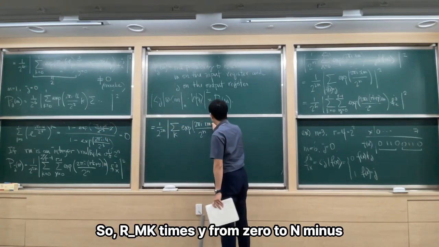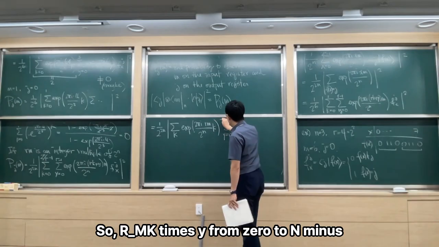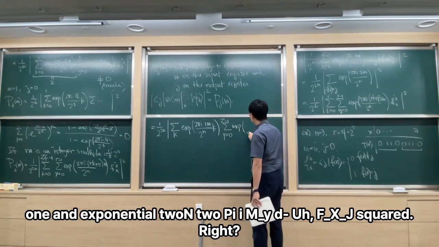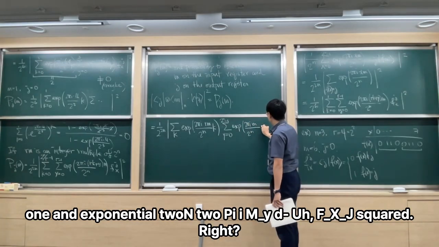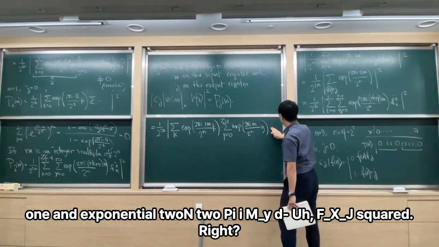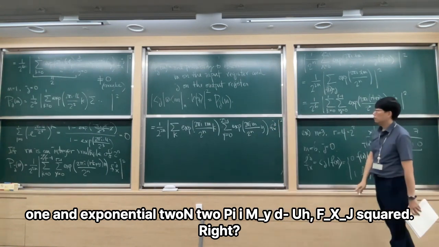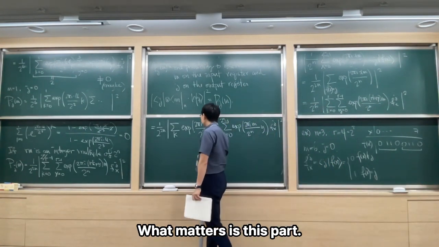So rmk times y from 0 to n minus 1 and exponential 2n 2 pi i my f(x_j) squared. So actually this doesn't matter. What matters is this part.